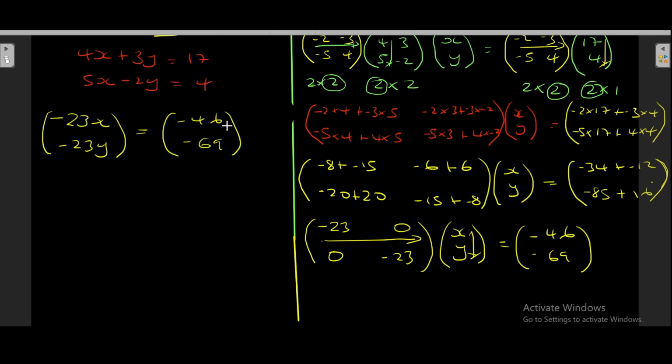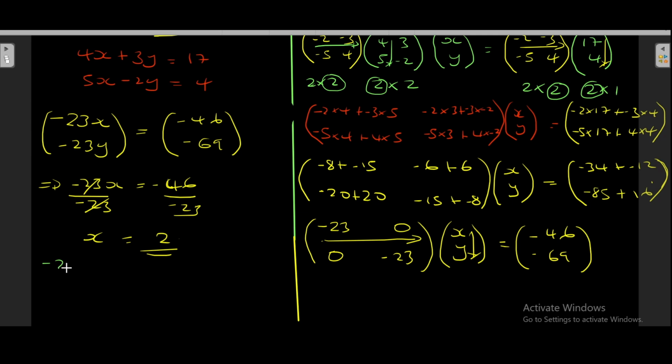Cross the bracket. This implies that negative 23x is equal to negative 46. If I divide through by negative 23, my x will be the same as 2.